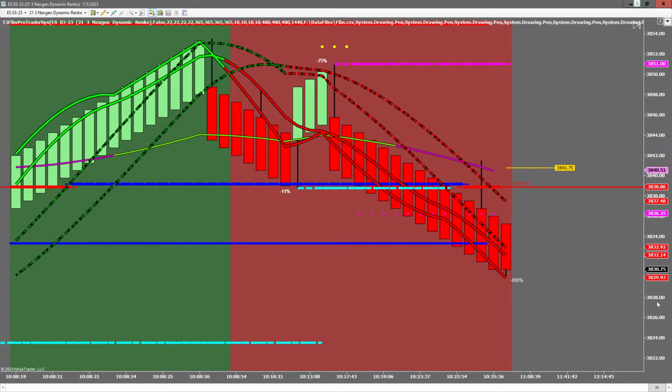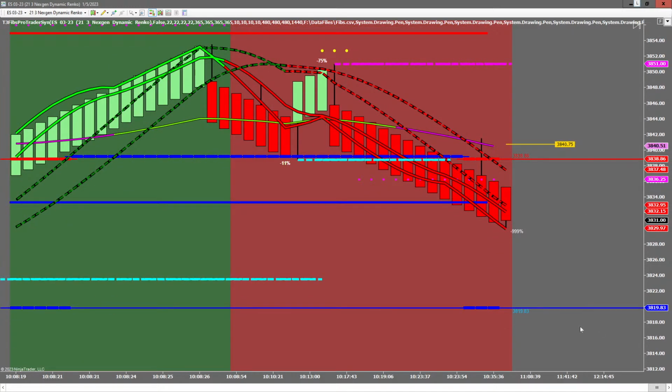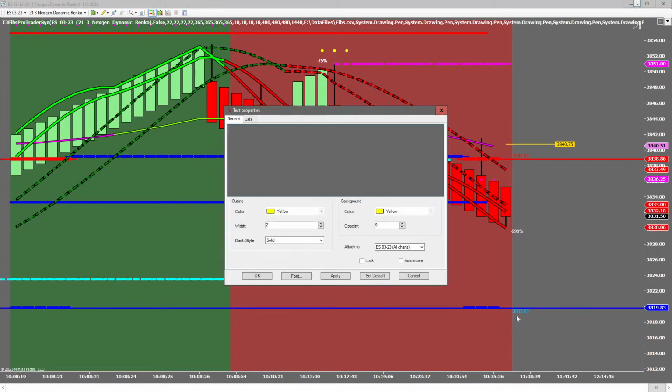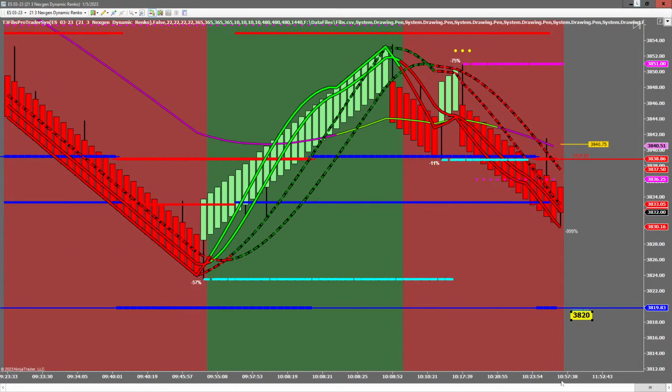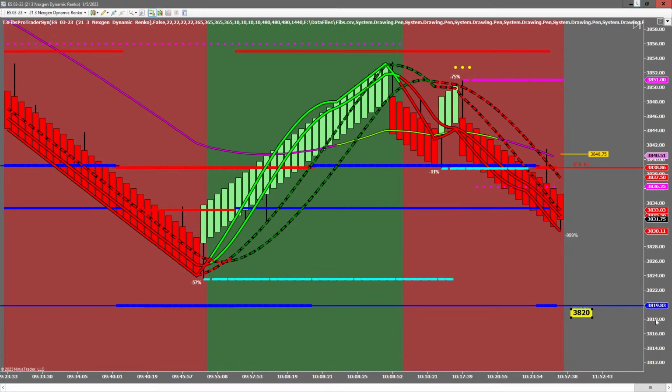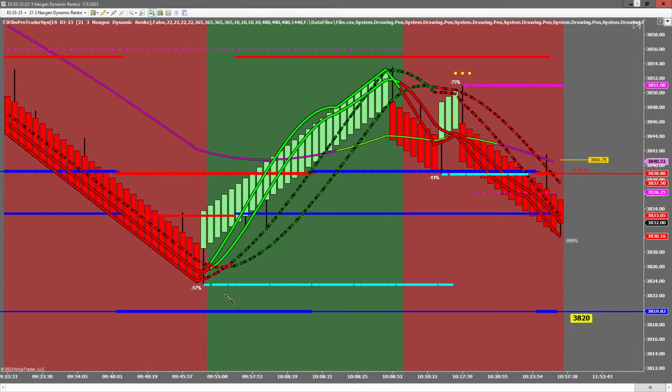Now, where are we going? Pick a number. 38.20. I don't know if we'll make it there or not. We'll see. But that's the first number that pops into my head at a fib. And you'll see this a lot with the fibs, where they don't quite make it to a fib and then they go up, and after they roll over, they end up making it the second time.